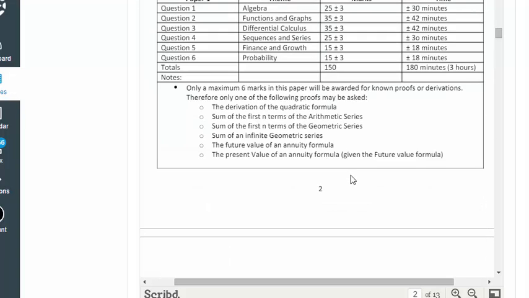The two papers are added together to give you a mark out of 300. So out of those 300 marks, only 15 marks, that's 5%, is probability. 5% is finance. Sequences and series is a little bit more than 12%.